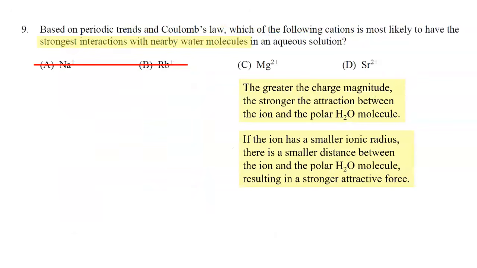So because magnesium 2+ has a smaller ionic radius than the strontium 2+ ion, the ion with the smaller ionic radius has a smaller distance between itself and the polar water molecule, resulting in a stronger attractive force. So the correct answer to question 9 is C, the magnesium ion. It's because it had a greater charge magnitude than the ions in choices A and B, and it had a smaller ionic radius than the strontium 2+ ion in choice D.